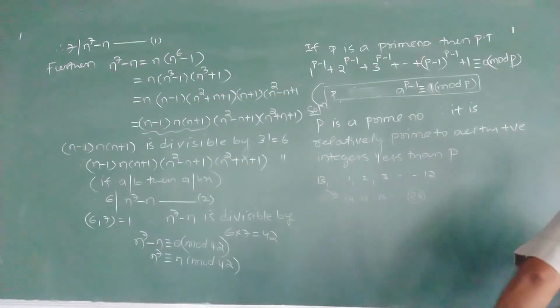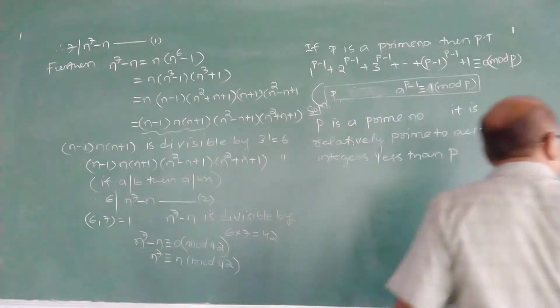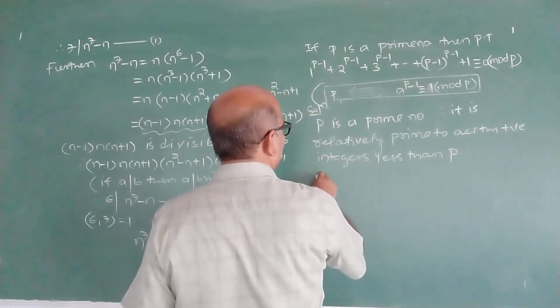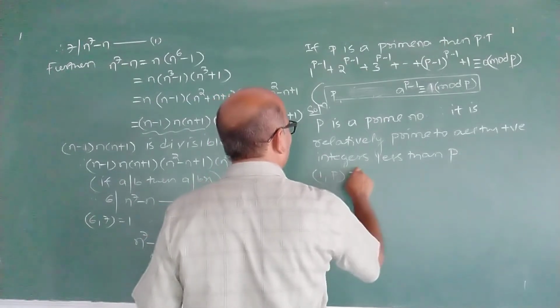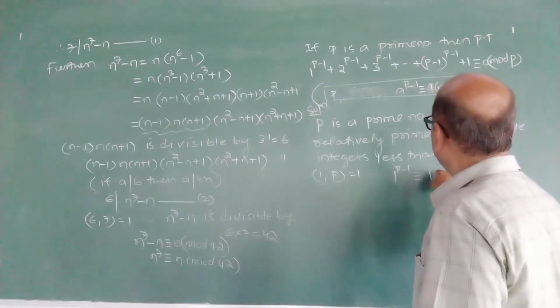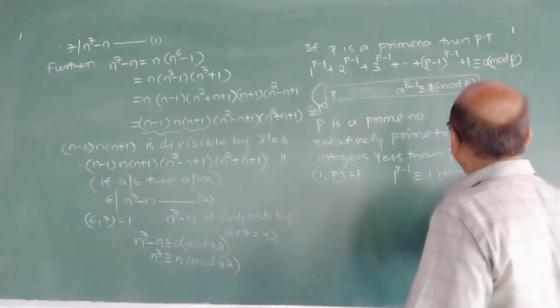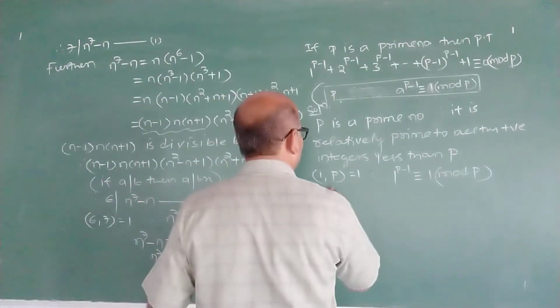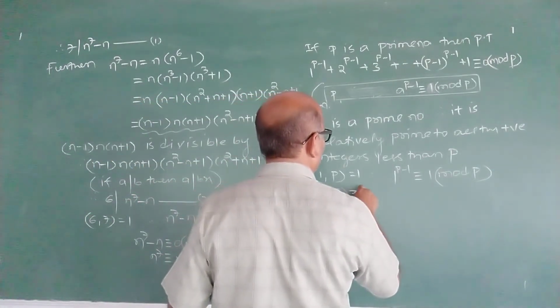Now we take this result. It is relatively prime to all the numbers less than P. That means 1 and P are relatively prime. Therefore, 1 raised to P minus 1 is congruent to 1 mod P, by Fermat's theorem. 2 and P are relatively prime.